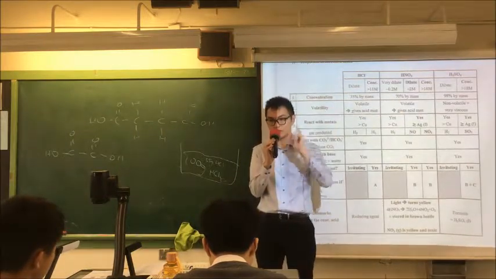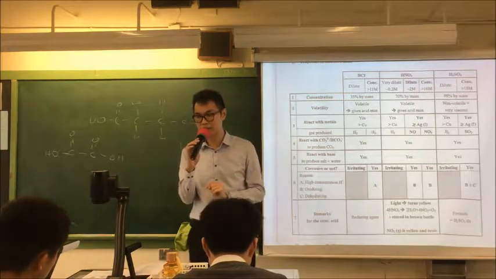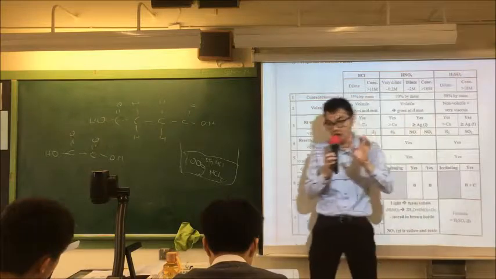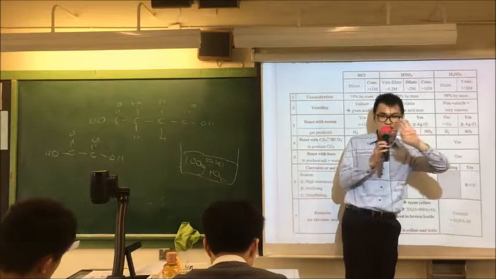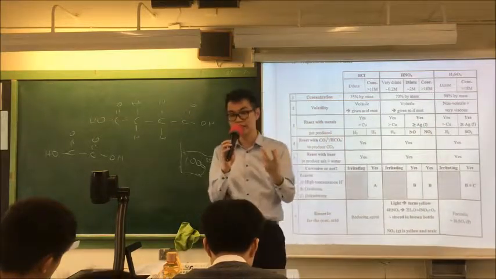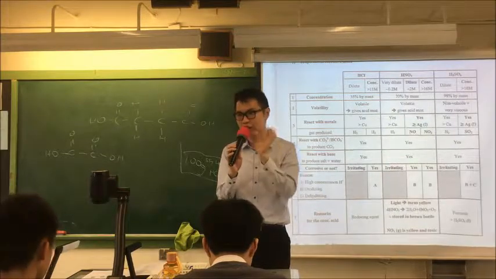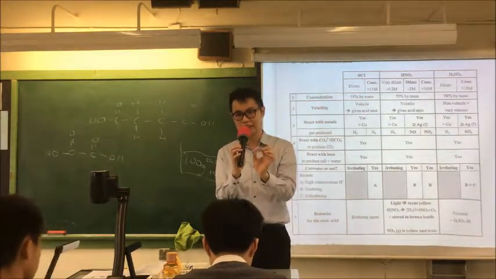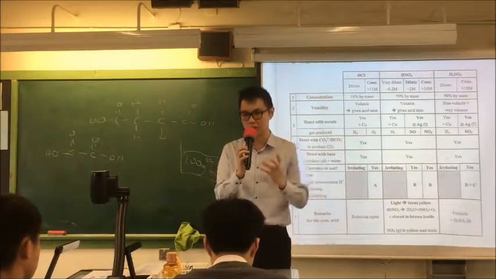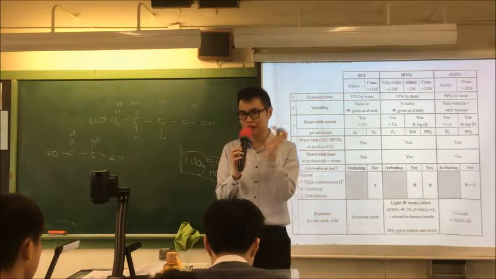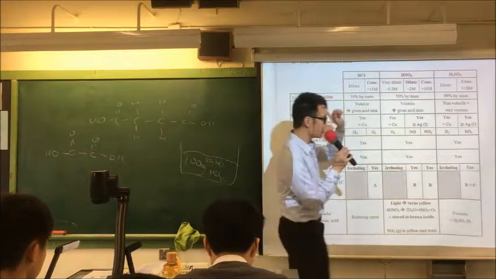And for nitric acid, at most you can have 70% of HNO3 molecules in the water. For H2SO4, it is quite tricky. It can be more than 98%, almost 100%. If you have a bottle of concentrated sulfuric acid, you will find it very viscous, a thick, transparent liquid, because it contains very little water.